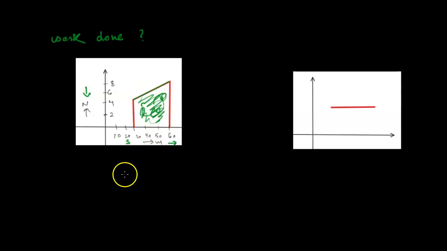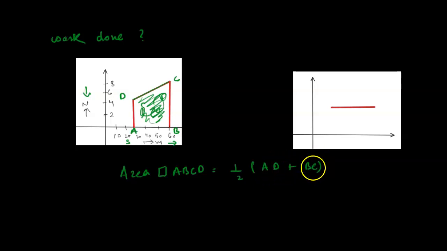You can see this is a trapezium, and we know the area of a trapezium. Better to name it A, B, C, D. The area of trapezium ABCD is half of the sum of the parallel sides. These two lines are parallel. So we write AB plus BC multiplied by the perpendicular distance between them.